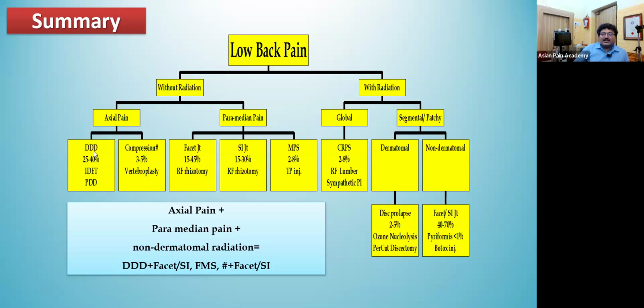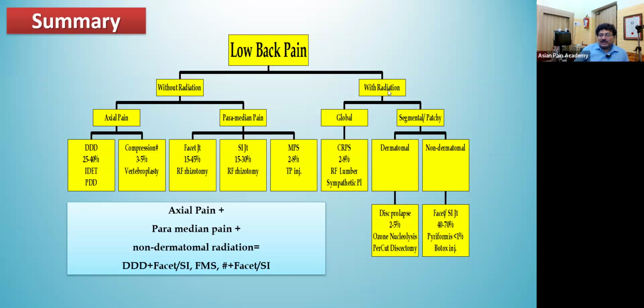In degenerative disc disease, we usually go for the procedures of the degenerative disease, and in compression fracture, usually we go for vertebroplasty. If the pain is without radiation and paramedian, it could most probably be facet pain, SI pain, or myofascial pain coming from the muscles. According to that, we have to do our interventions.